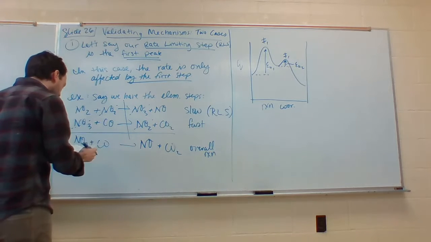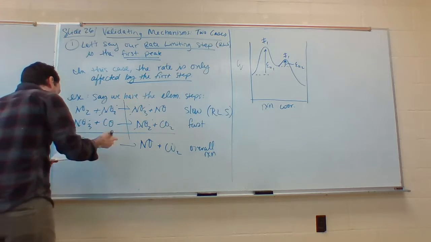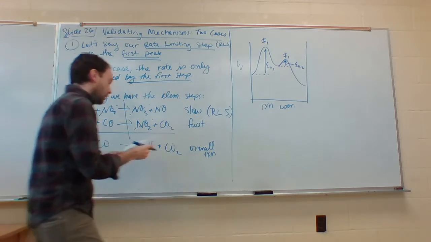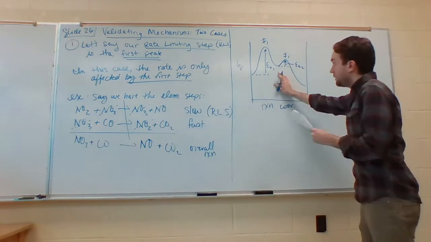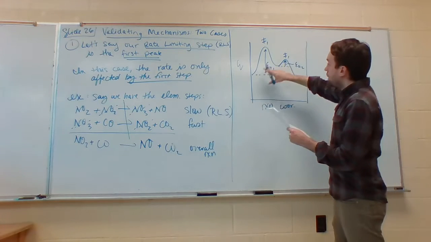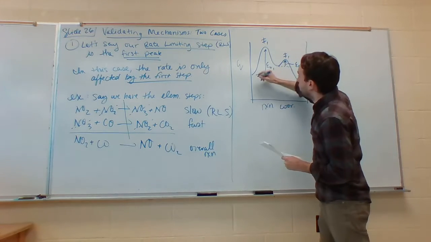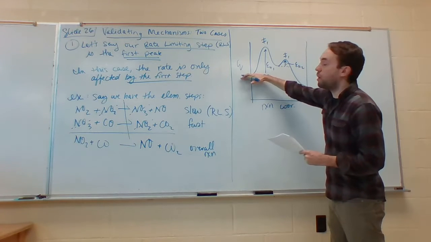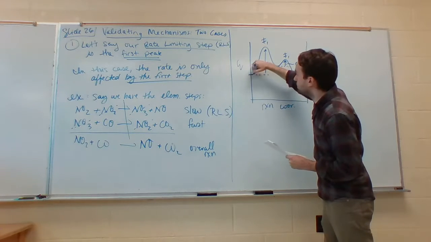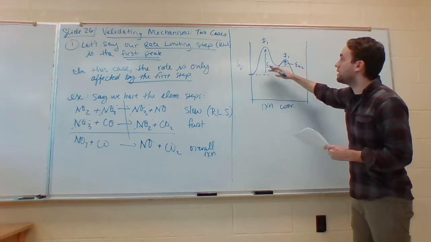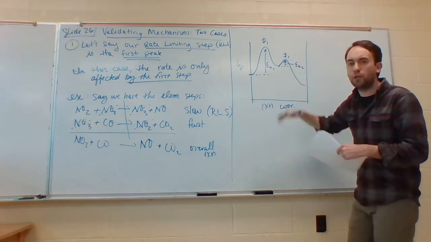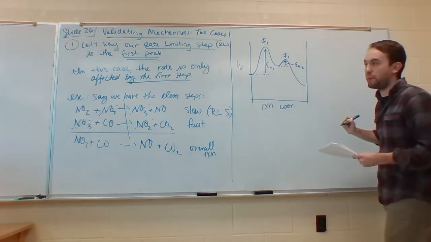Now, in addition, notice that when we're looking at this, we have a large activation energy. That's the energy from the first trough right before the peak, up to the top of the peak. That's our first activation energy, or the energy needed to go over that barrier.